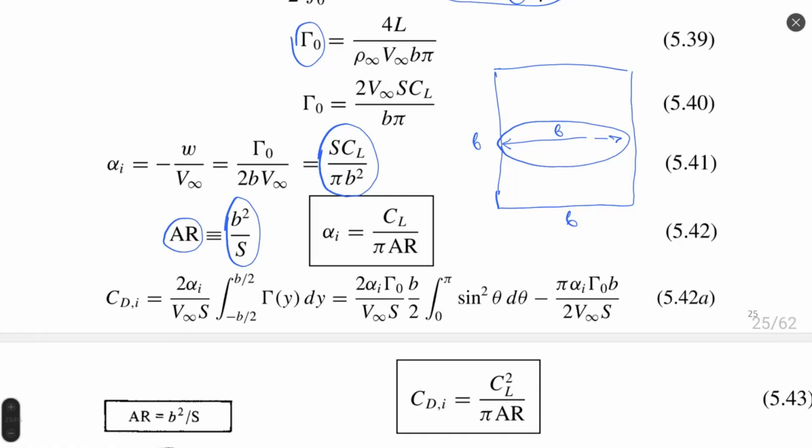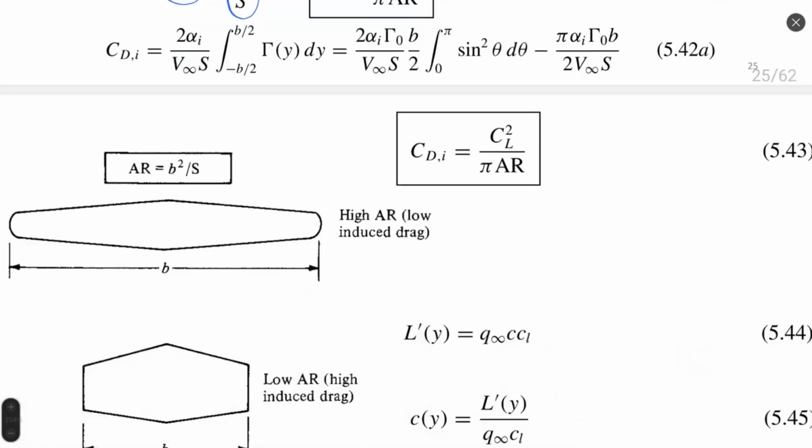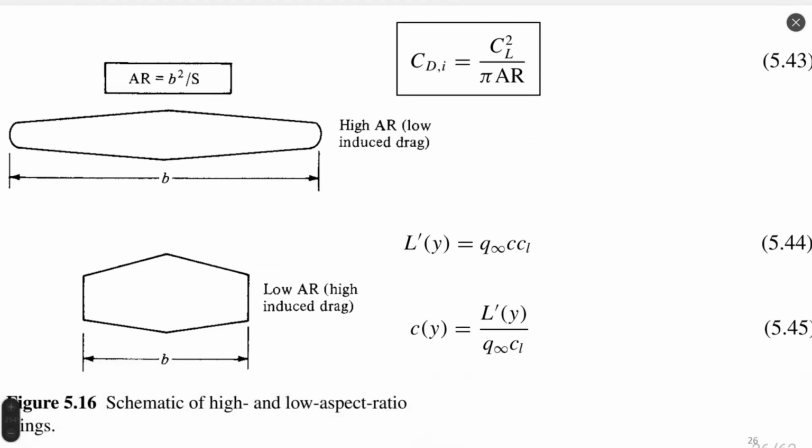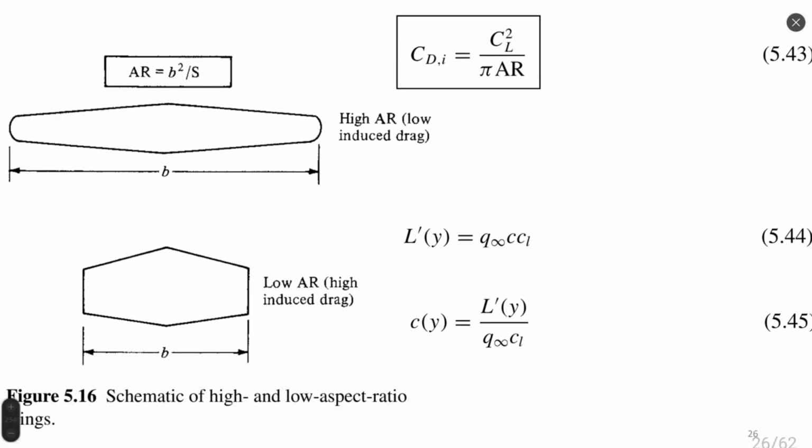We see that the induced drag coefficient on a wing will be proportional to lift coefficient squared divided by pi and aspect ratio. I think formula 43 is even more important than the previous one. It says to us a very interesting result: any wing will have losses.